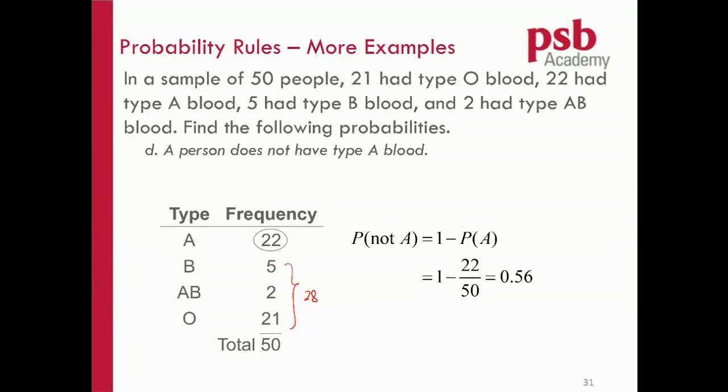Okay, so you have two ways of solving it. One is you use the complement rule, which goes this way. The chance of not getting A will be just 100% minus the chance of getting A, which is 22 here.